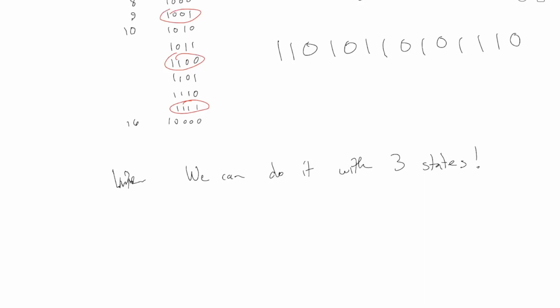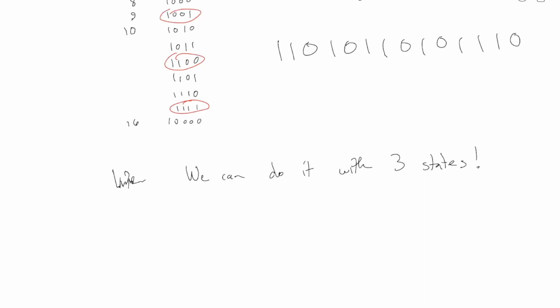And the 3 states have to do with, yesterday we talked about a machine that decides evens versus odds, and you probably did similar things on the homework. We can do this with 3 states because when it comes to being divisible by 3, as you all know, when you divide a number by 3, either it is divisible, or it's not divisible because there's a remainder of 1, or it's not divisible because there's a remainder of 2.